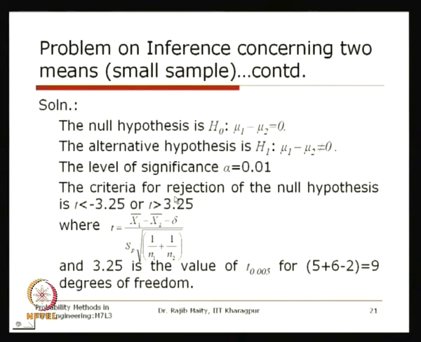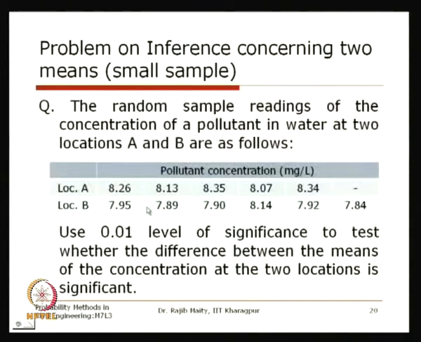The criterion for rejection of the null hypothesis is that t is less than minus 3.25 or t is greater than 3.25. These two values are the statistic values at the significance level 0.01 for the t distribution with degrees of freedom based on the sample sizes.